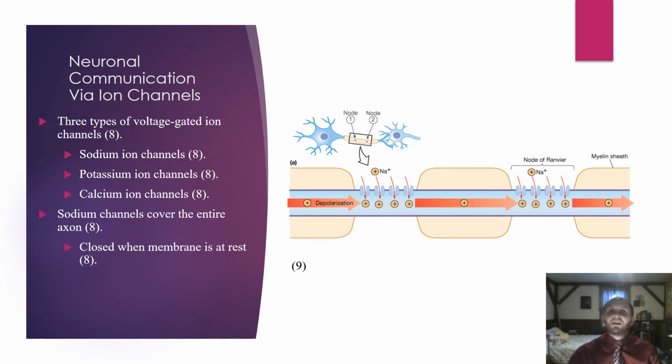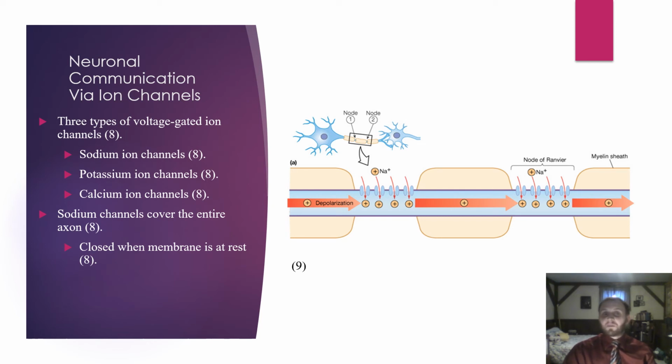So with that said, there are three types of ion channels that play a role in such neuronal communication. You have the sodium ion channels, which allow sodium into the cell. As you can see here, the sodium enters through the axon, which causes depolarization.